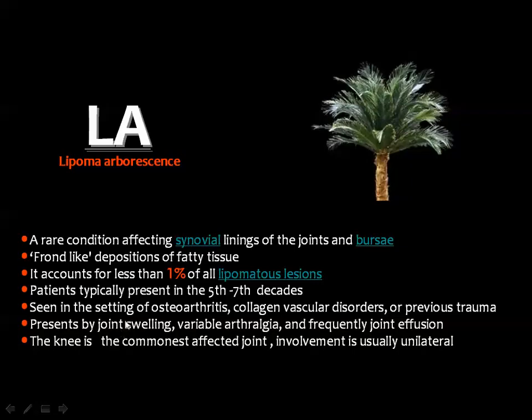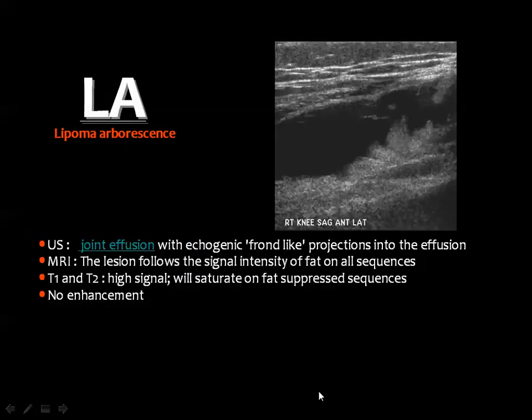There is joint swelling and variable degrees of joint pain or arthralgia, and frequently joint effusion as well. And this is the classic appearance of lipoma arborescens, an intra-articular mass made of fat with frond-like projections.